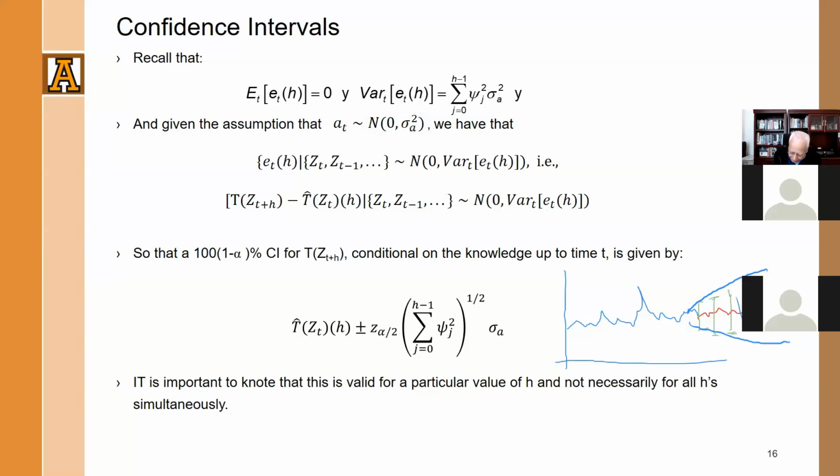What we can say is that the 95% confidence interval for the T plus 1 observation is this one, and the confidence interval for the T plus 2 observation is this one here. These are different from confidence bands. Actually, confidence bands would be wider in general than the individual confidence intervals.